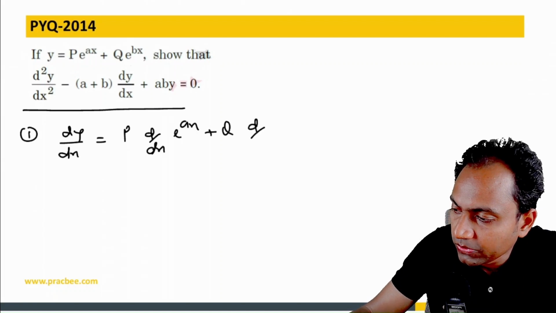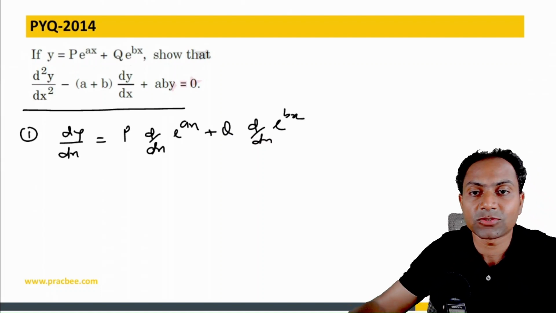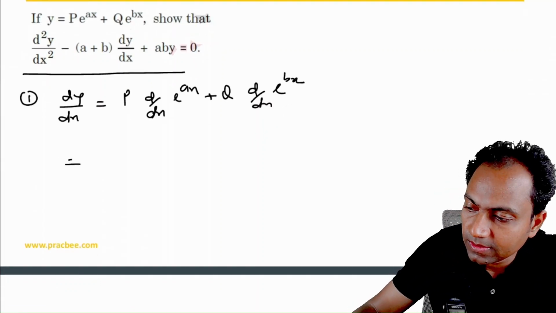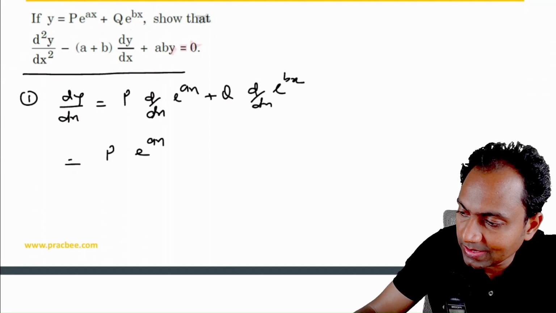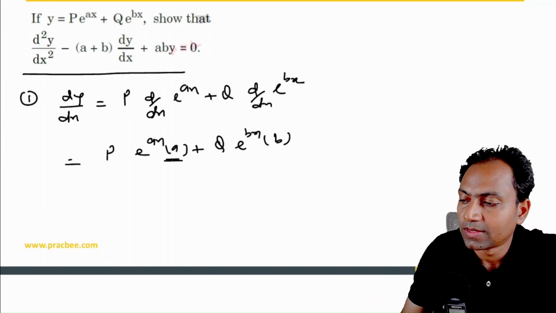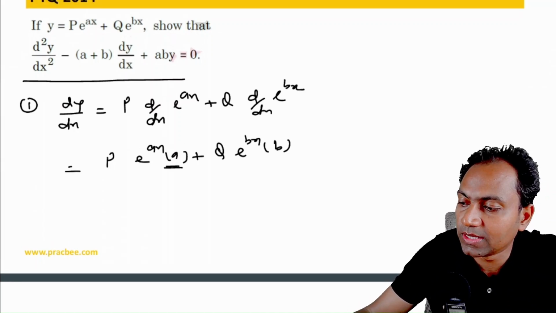Then q d by dx of e raised to the power bx would be there. If I actually do this, what am I getting? I'm getting p times e raised to the power ax, and differentiation of ax is nothing but a. Again, chain rule. E raised to the power bx and differentiation of bx is nothing but b. This is what we are getting. So this is nothing but the value of dy by dx.